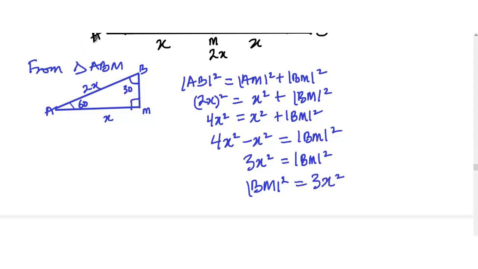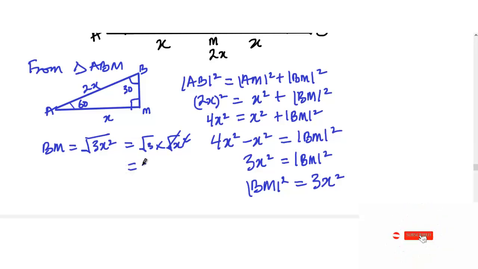So we can take the square root of both sides. We can say that BM will now be equal to square root of 3x square, because square will cancel square if I take the square root. So this one is like saying square root of 3 times square root of x square. So this cancels this. All right, so we now have x left and root 3. So BM in this case is x root 3.